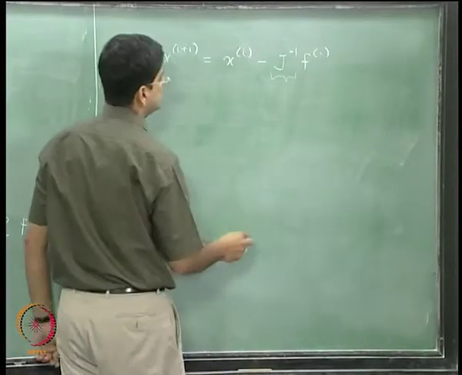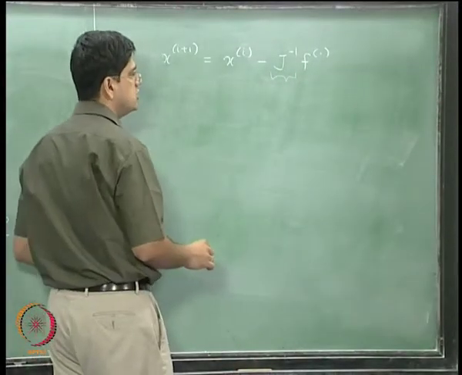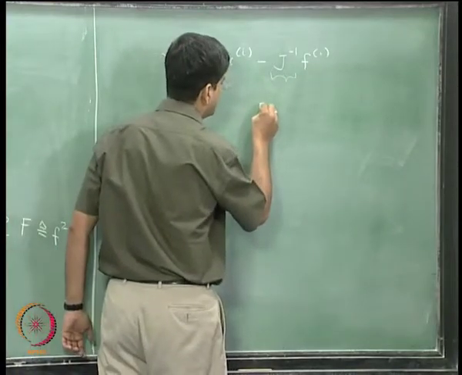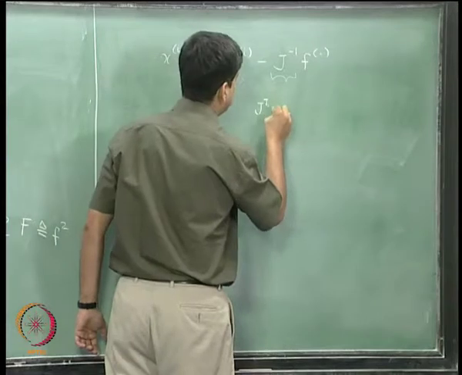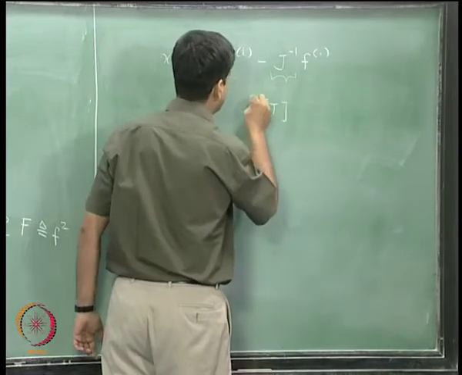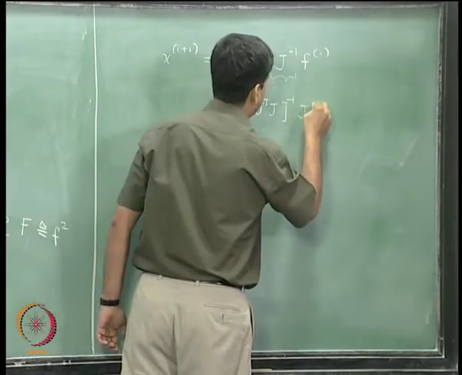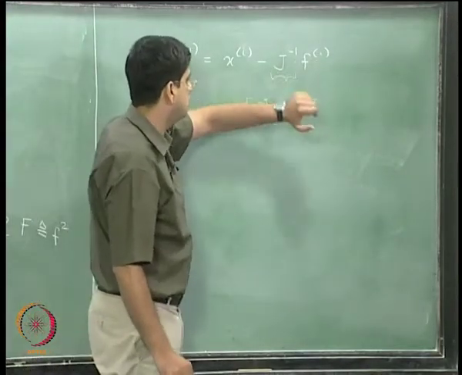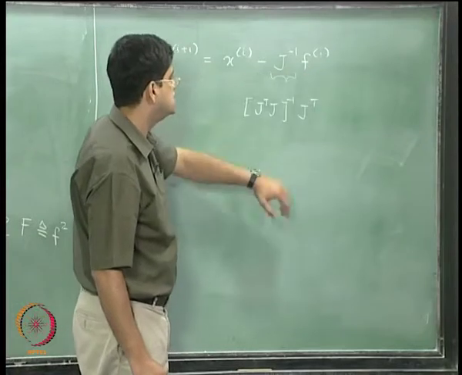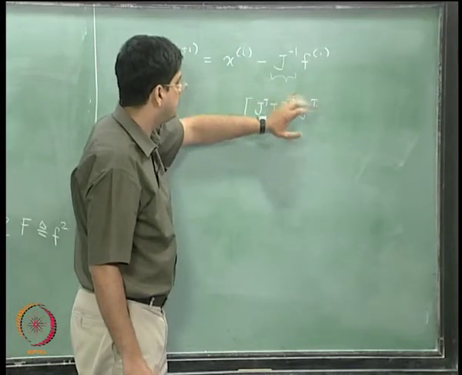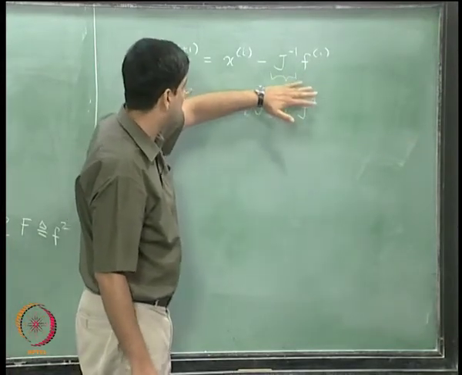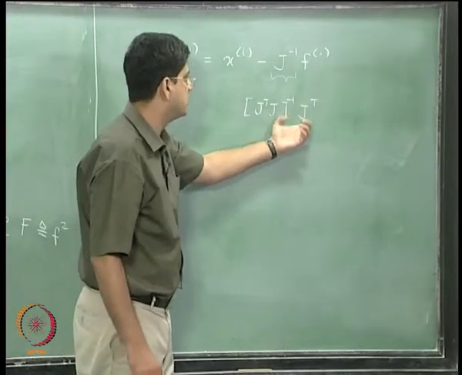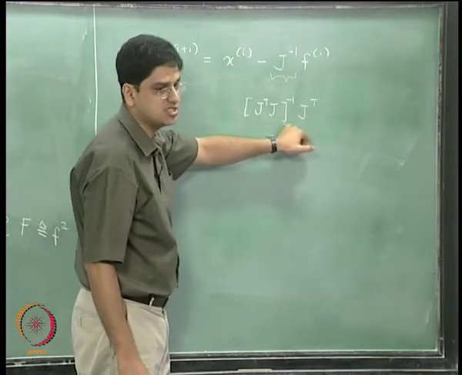Keep in mind that I am using pedagogical liberties over here, I am not using mathematically correct terms, but we can actually write this as J transpose J inverse multiplied by J transpose. As long as the rank of the matrix J is equal to n, this reduces to nothing but J inverse.